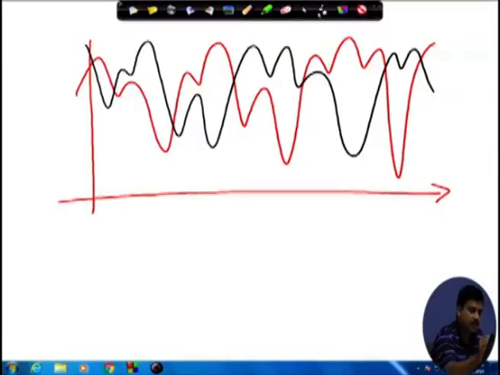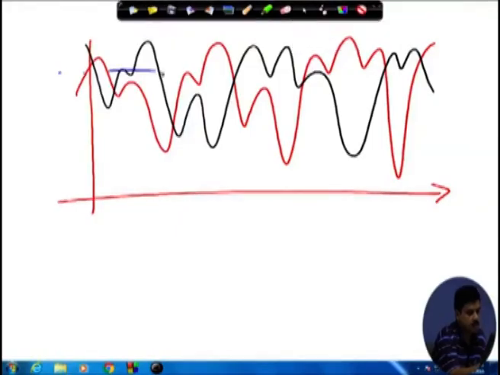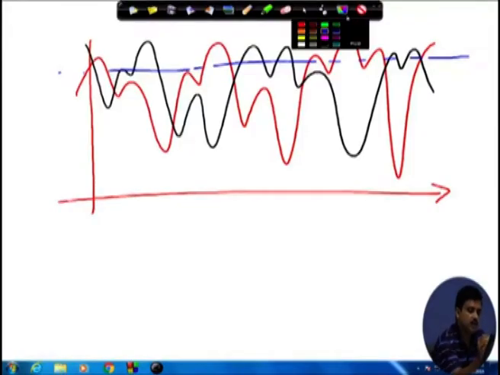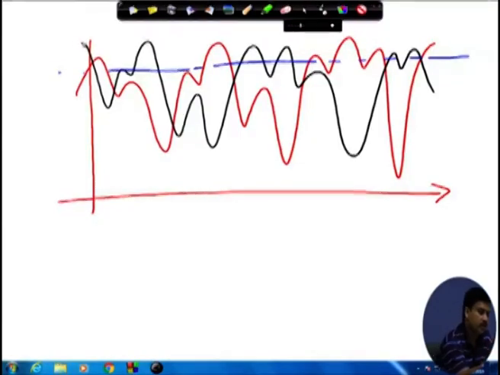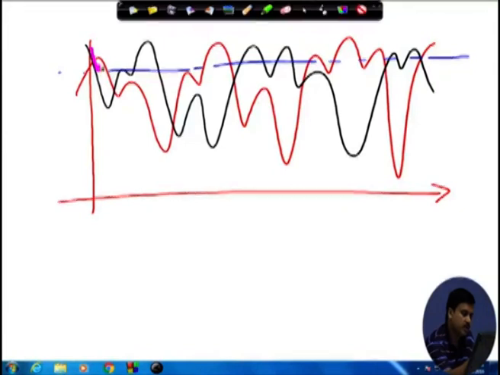One would decide a particular threshold, let us say this is one threshold, and they would not do unnecessary switching. The switching would happen only when the signal falls below the threshold. So, if one is following the black, it will carry on till the point it goes below the threshold, then it jumps to the red one and follows through. Now there is no other option, so it has to go down and then select the black one, carry on, then go to the red.